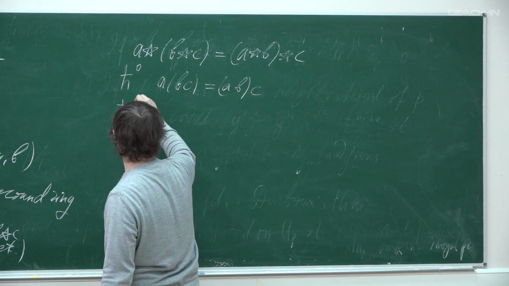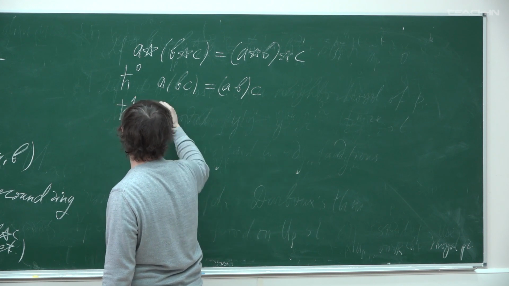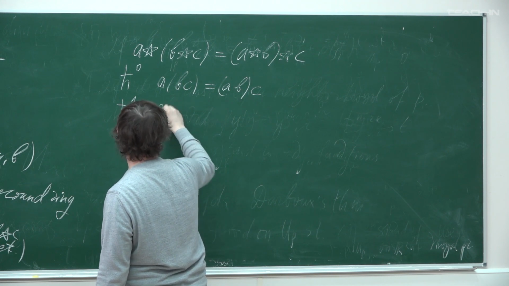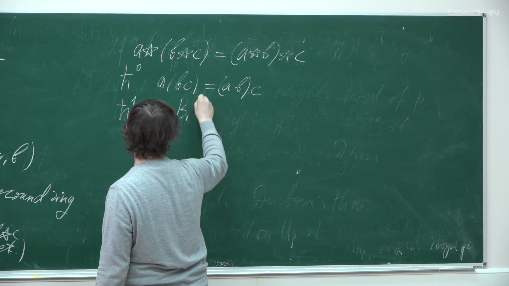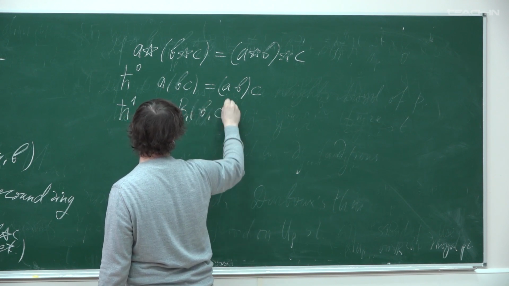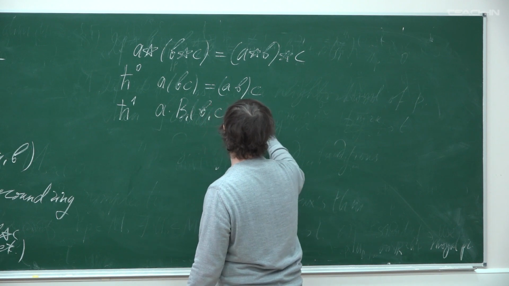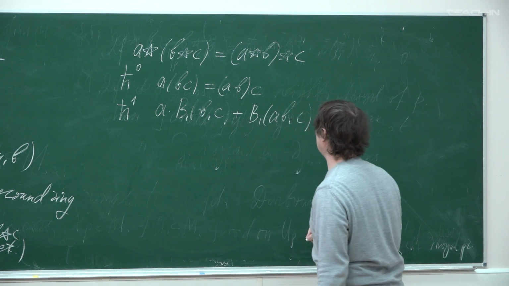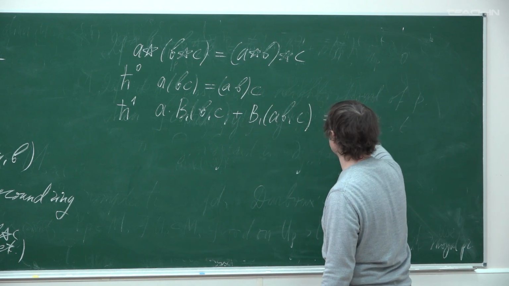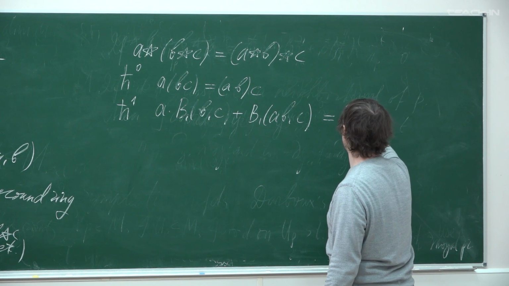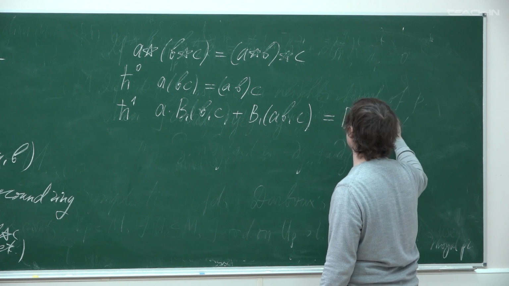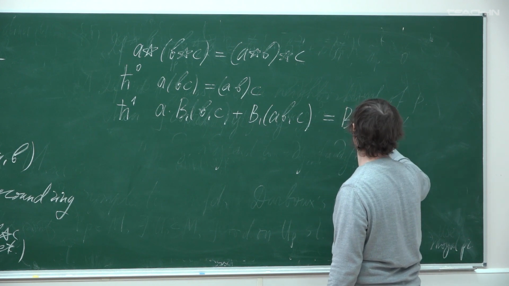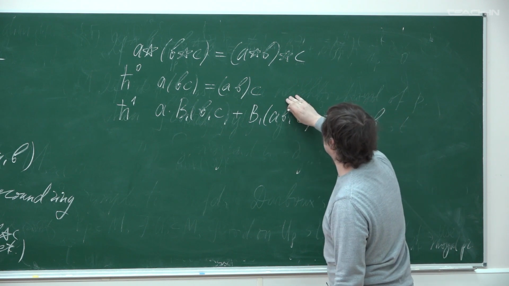But when we turn to the first degree condition, we get something non-trivial already. So on the left, we'll get A times B1 of B comma C plus B1 of A, B, comma, C. And on the right, we will have B1 of A, B. Sorry, I confused this.